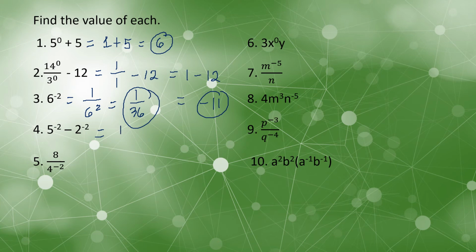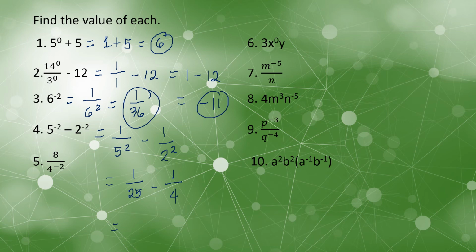It becomes 1 over 5 squared minus 1 over 2 squared. Let us simplify. 5 squared is equal to 25, minus 2 squared is equal to 4. So we have 1 over 25 minus 1/4.